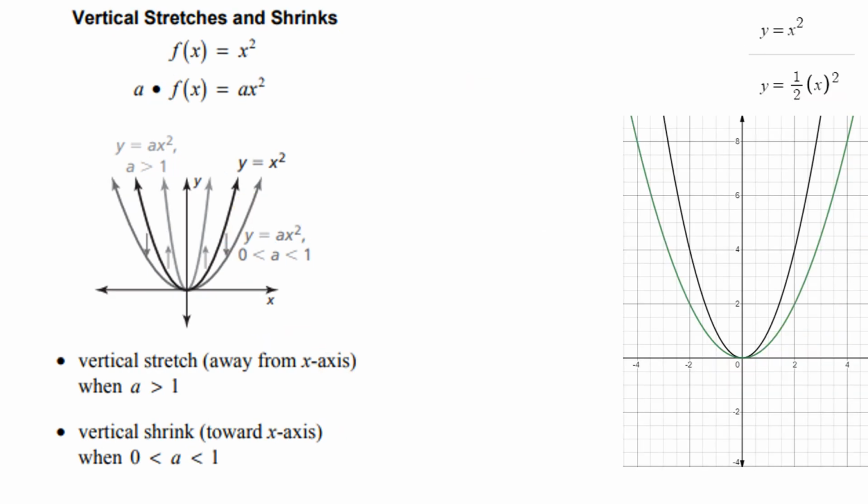Alright, this right here is a vertical stretch or shrink. Now, remember, if it's a vertical stretch, it moves away from the x-axis. But if it's a vertical shrink, it moves towards the x-axis. So again, stretch means that it's a whole number. B means that it's a fraction.